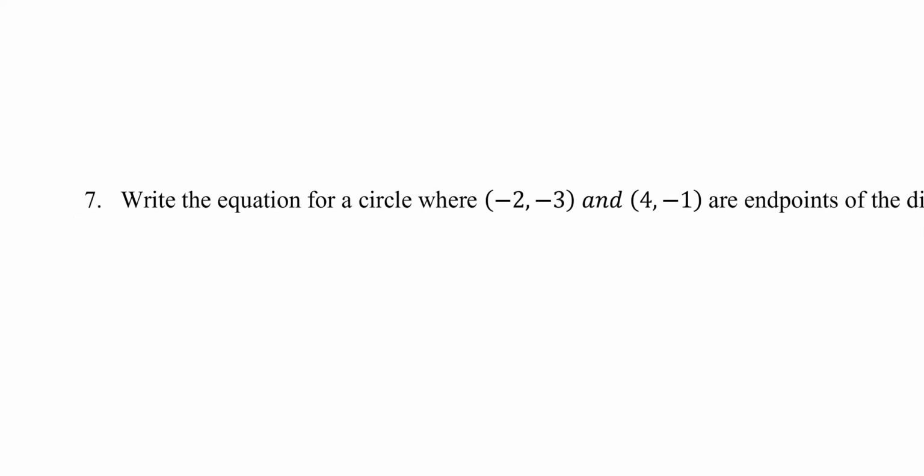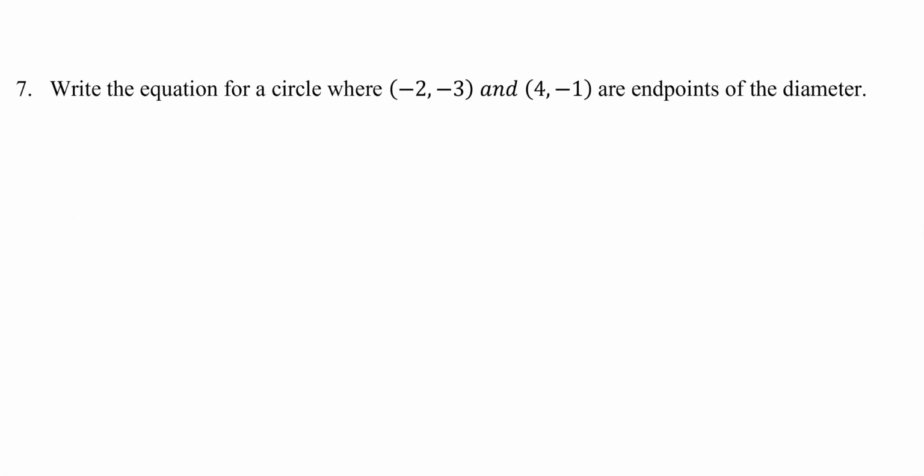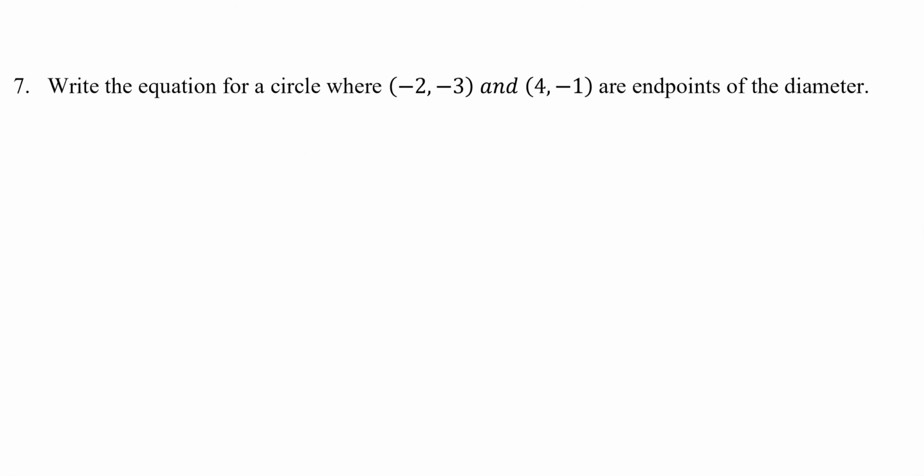Let's try it again. So in this one, we're going to write the equation for a circle where (-2, -3) and (4, -1) are the endpoints of the diameter. Whoa, what does that mean? Because remember, for a circle, you need x minus h squared plus y minus k squared equals r squared. But they did not give us an h, k. They did not give us an r.